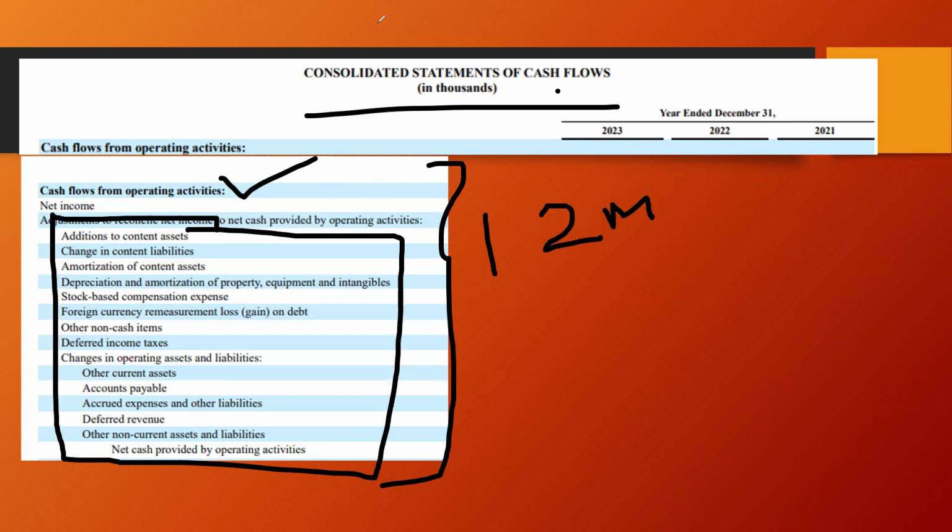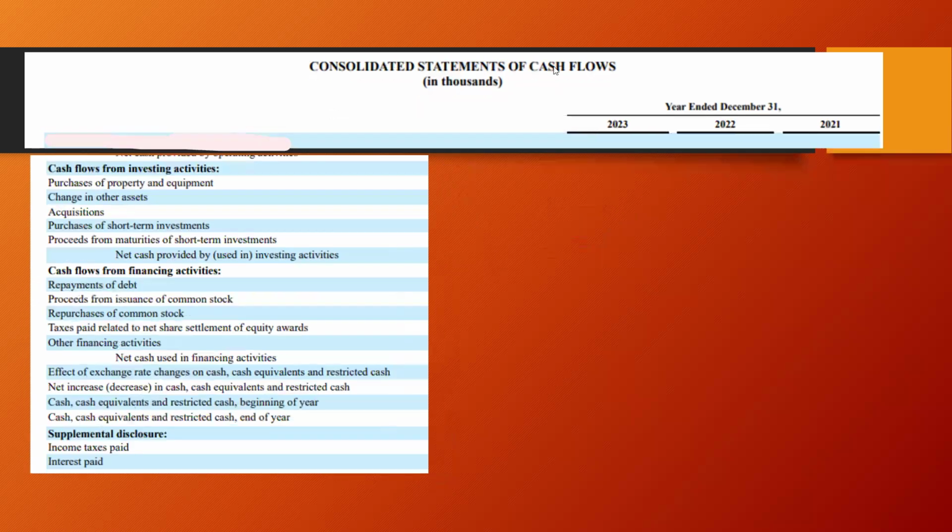Everything is for a 12-month period, and when you see it with your eyes, you can visualize and understand. Next you have investing activity, next financing. You need to remember first operating activity, next investing activity, and then financing activity. So the order is also important.